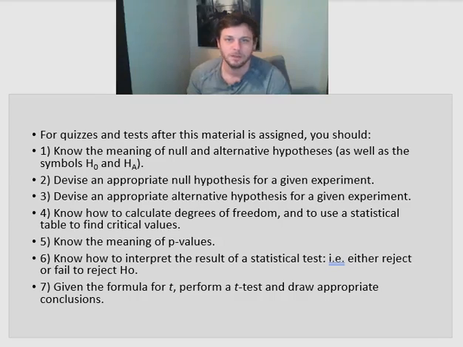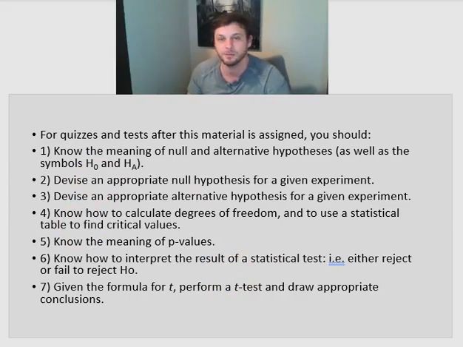Alright. So for your quizzes, know the meanings of a null hypothesis, of an alternative hypothesis. Be able to devise your own null hypothesis for a given experiment. Also, come up with an appropriate alternative hypothesis. Remember, the null is always saying there's no difference. Alternative is saying there is a difference. Be able to calculate your degrees of freedom.